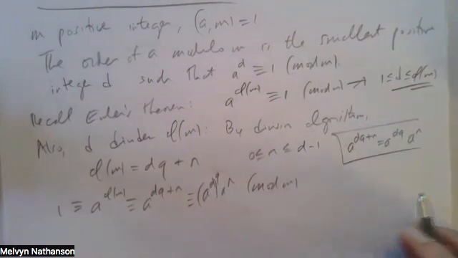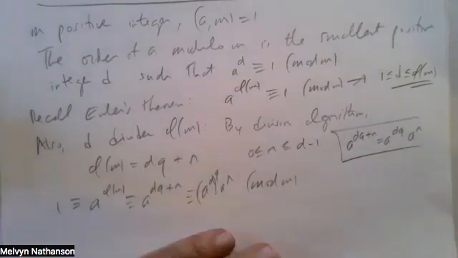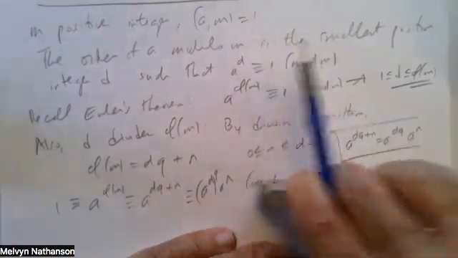That's just the usual rule for exponents. And a to the dq is a to the d to the q. But a to the d is congruent to 1 mod m.